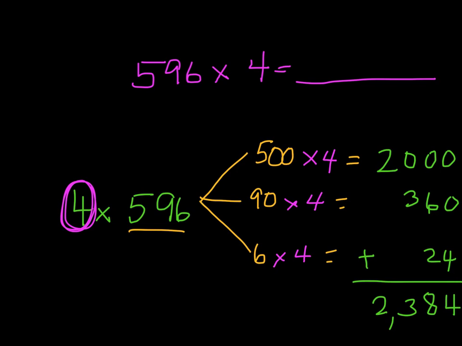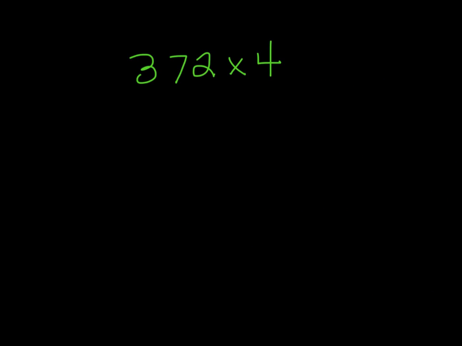Let's look at one more example of this. Here we're going to multiply 372 times 4. So I take my 372 and I break it down into its 3 place value parts because it's a 3-digit number.